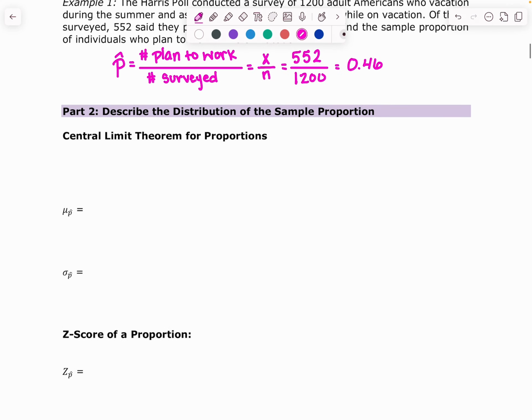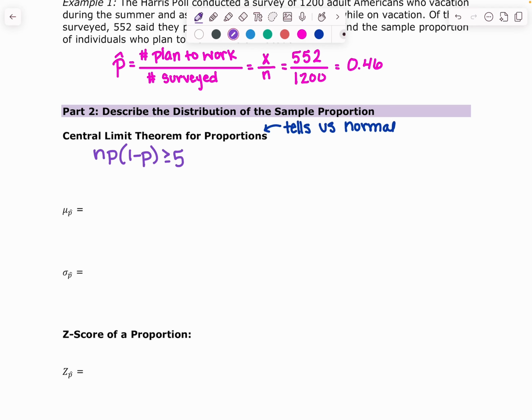So the central limit theorem for proportions tells us this is a normal distribution if n times p times 1 minus p has to be greater than or equal to 5.